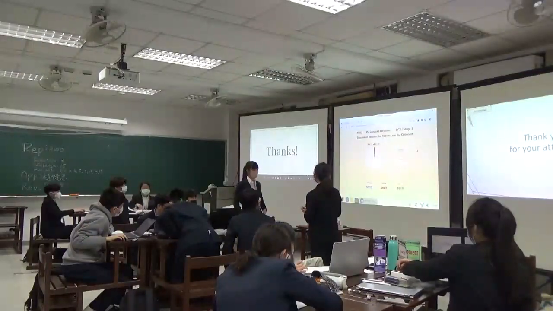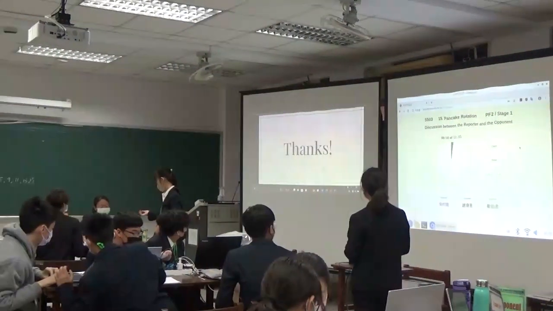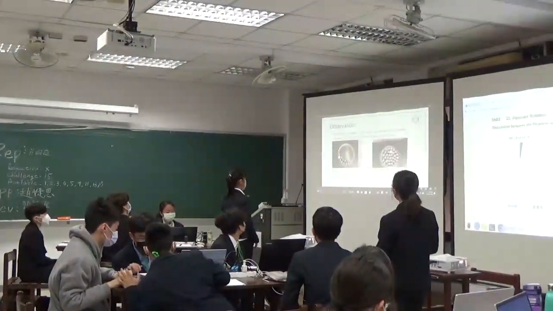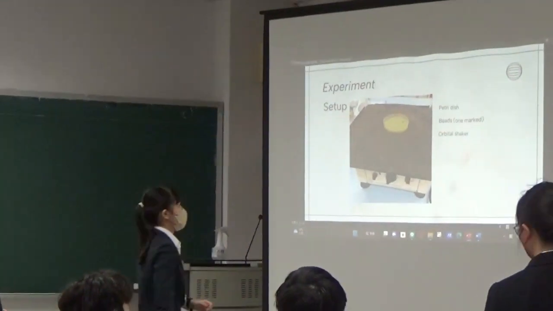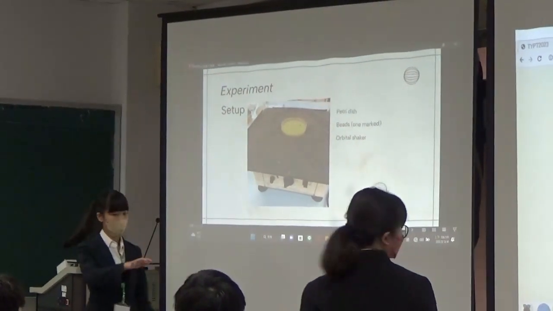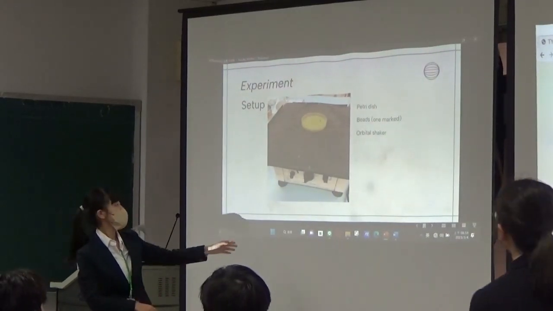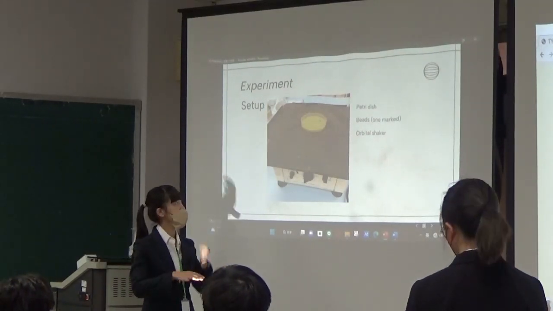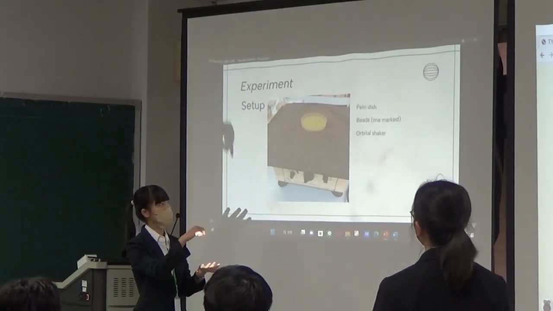Can you explain your setup again? Setup? Yeah. So with this machine as the base, this is the base that will rotate clockwise, and on this one we use a plastic container and we put balls in it.